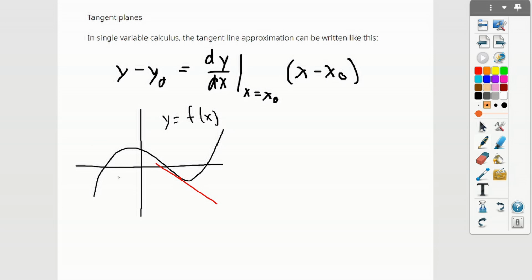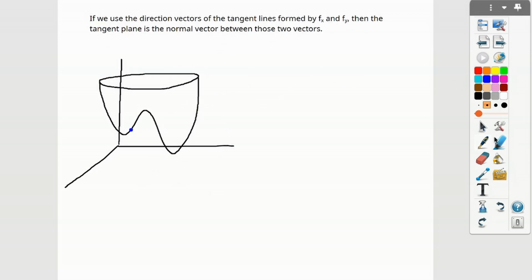So, how are we going to find our tangent planes? We're going to also have to use the direction vectors of the tangent lines that we worked with, right? So what is that again?